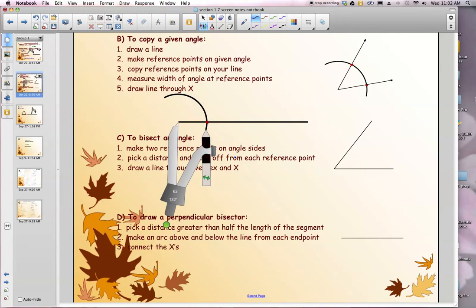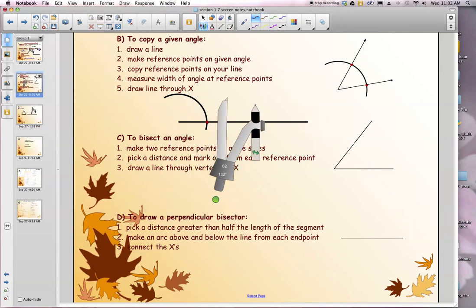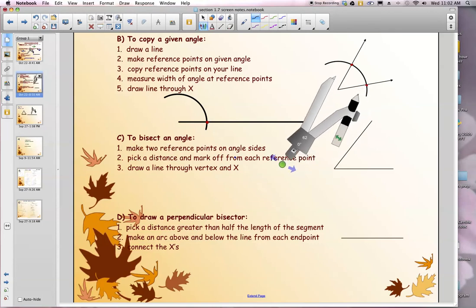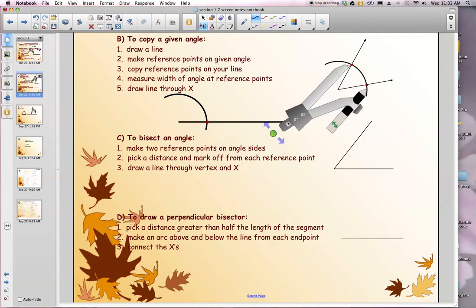So now you go back, and now you're going to measure your width between your reference points. Put your compass points there.